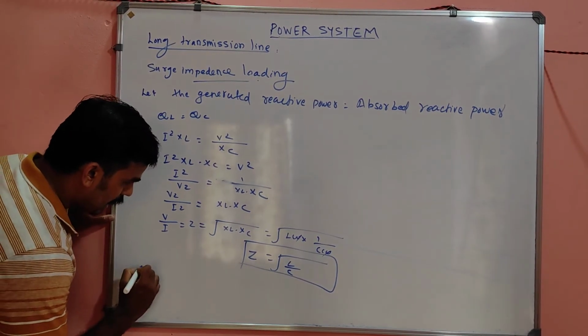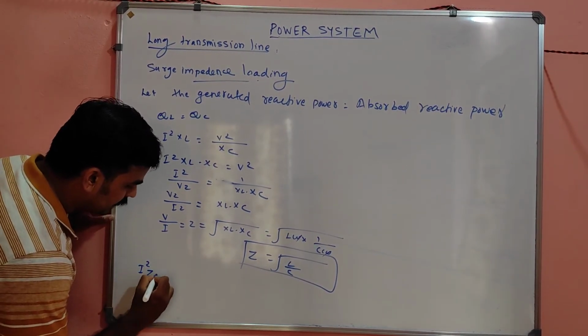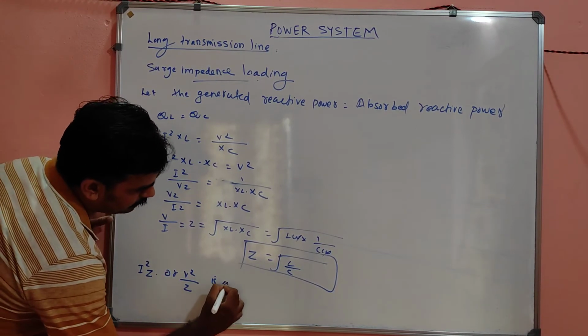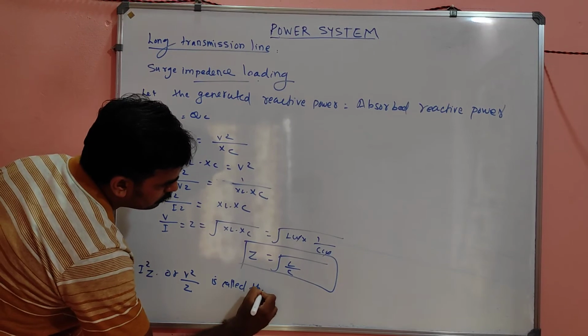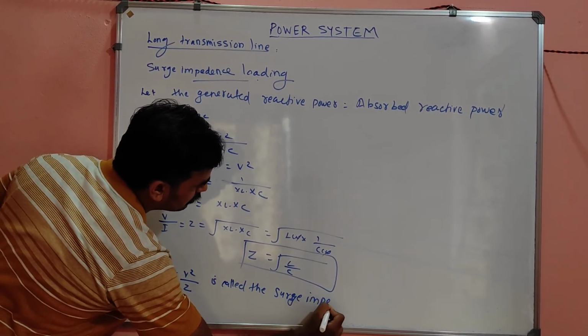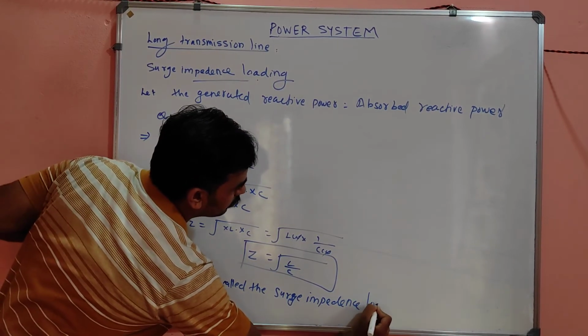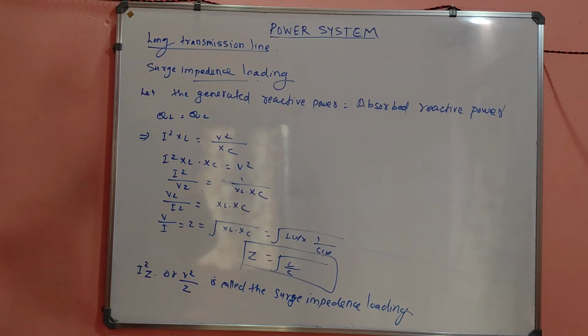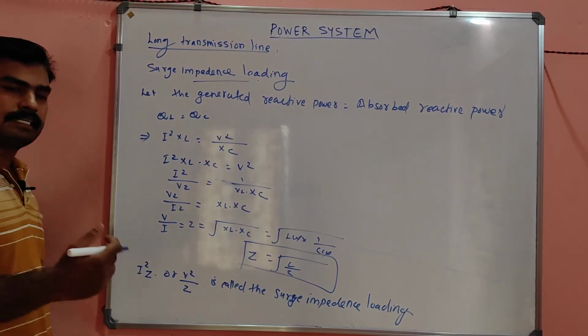So I square into Z or V square by Z is called the surge impedance loading.